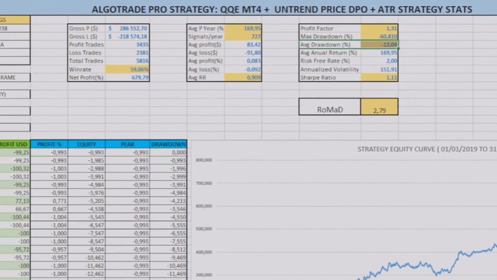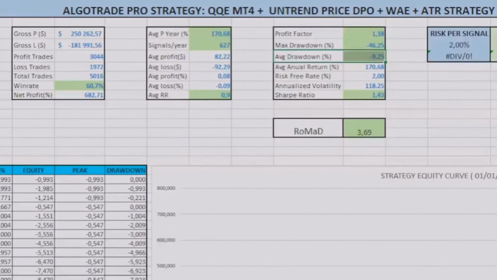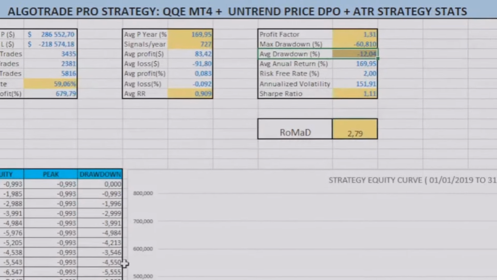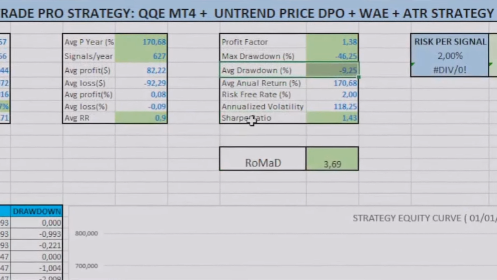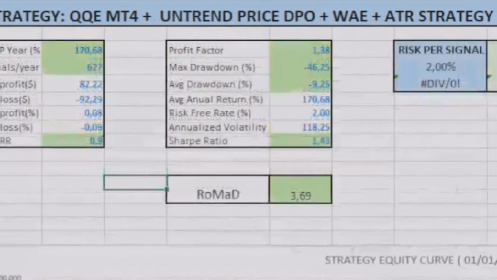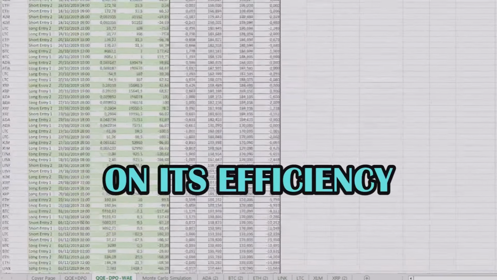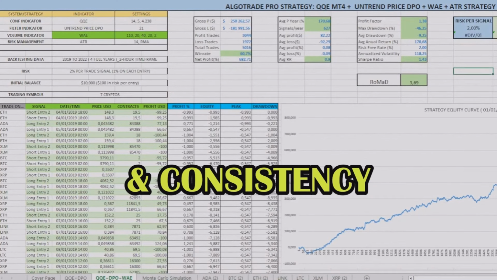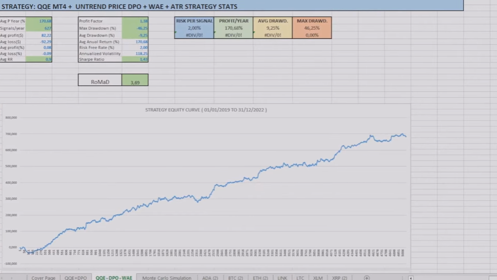The average drawdown also decreased by around 25%, from 12.04 to 9.25%. And finally, as expected, the Sharpe ratio increased as well as the return over max drawdown ratio. Therefore, we can see that the addition of a volume indicator in our strategy had an amazing impact on its efficiency and consistency.